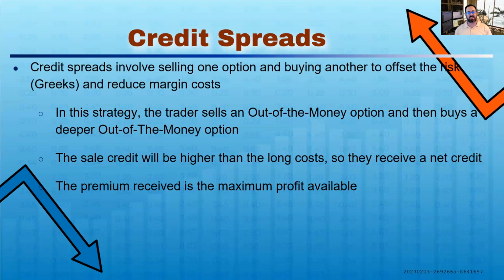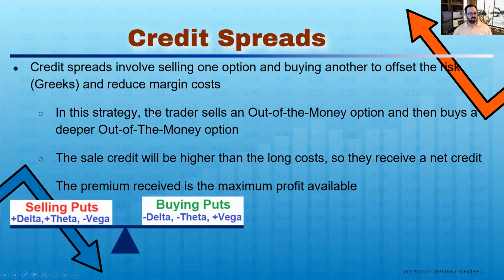Therefore, it results in a net credit to the trader. Whatever premium is received in that position is the maximum profit that can be received. When traders sell options, the most they can win, so to speak, is the premium they receive when they sell the options, period. So when they open up the position, that's their max profit.